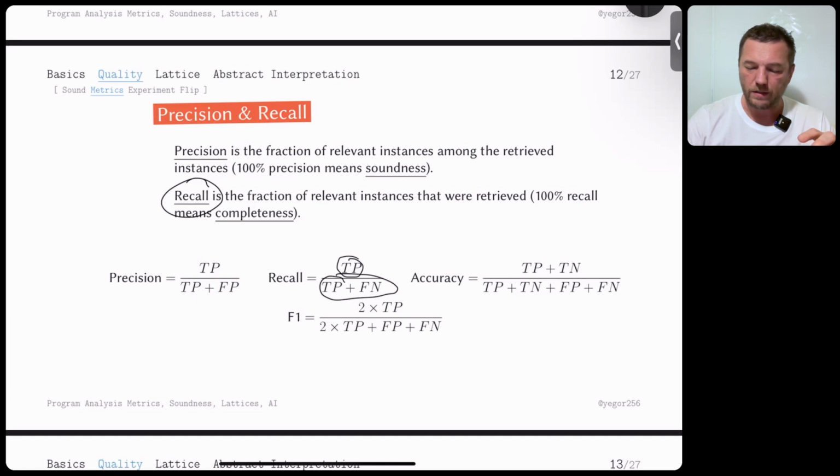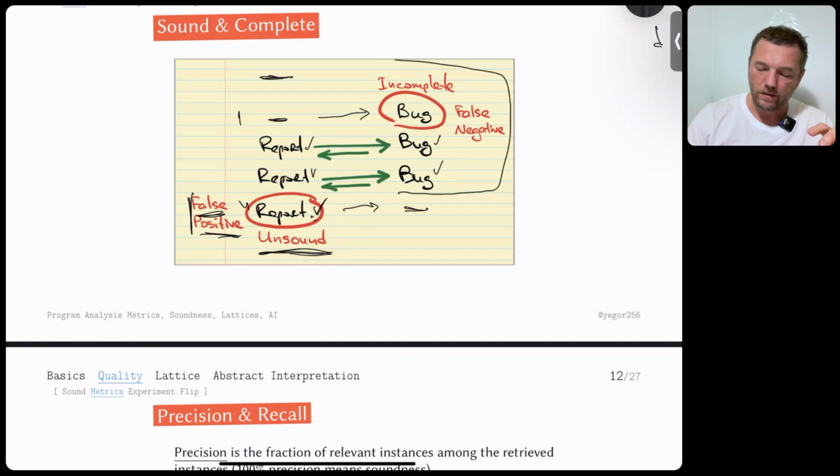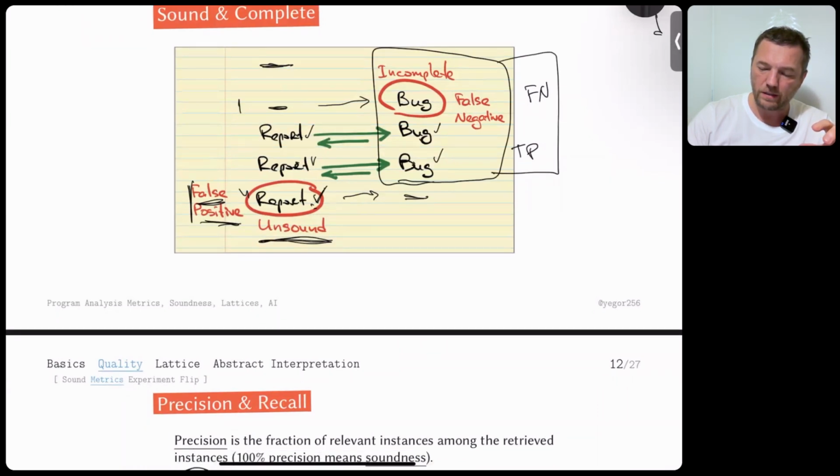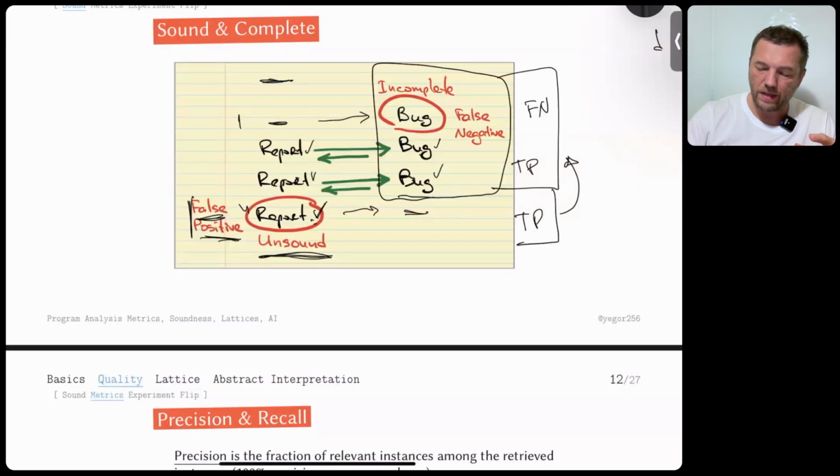Let's see on the picture, it'll be easier. So we put together all of these, because these are true positive and this is false negative. And in this group, we see what's the relationship between this and this. Ideally, we want to see that this is 100%.